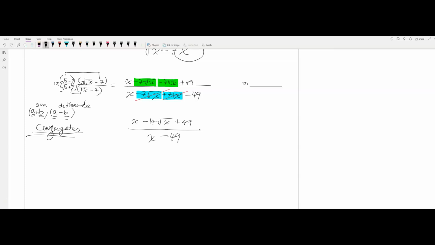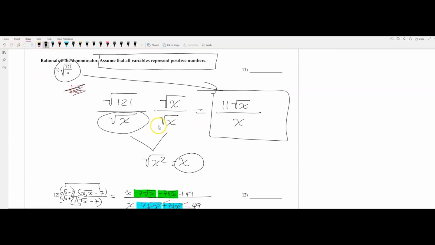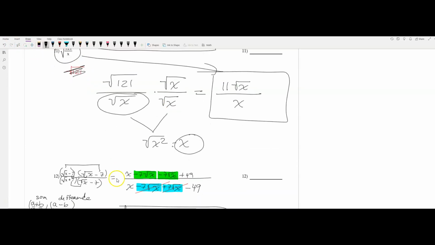You see? No more square roots. That's why you multiply by the conjugate, because the middle terms always cancel out. Okay? And now you have x minus 49. And that's the equivalence. And that's the process of rationalizing the denominator for both of them.